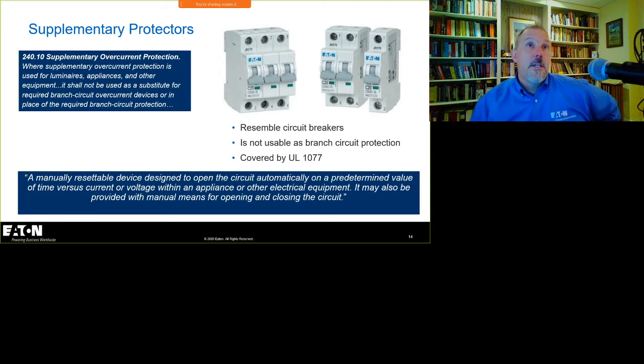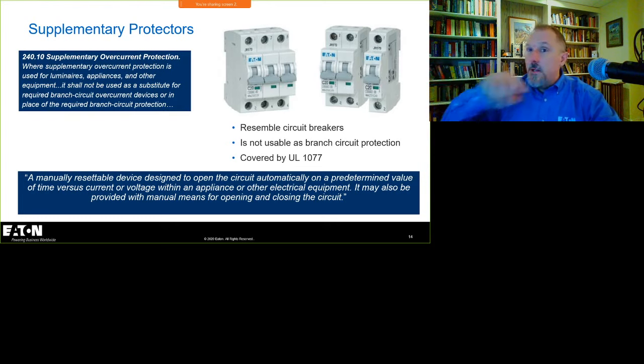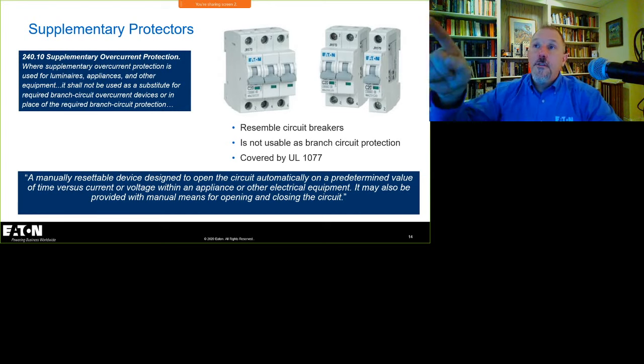You'll see these in industrial control panels. They look like a circuit breaker. You can't use them like a circuit breaker. They're covered by UL 1077, not UL 489. And 240.10 is the section that you'll reference for the requirements around supplementary overcurrent protective devices.